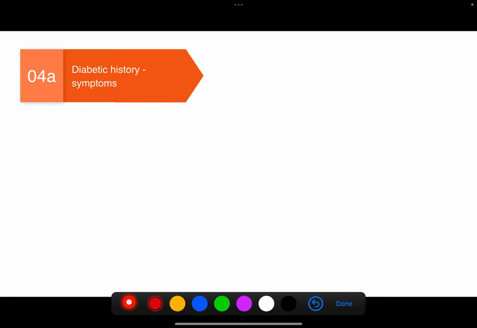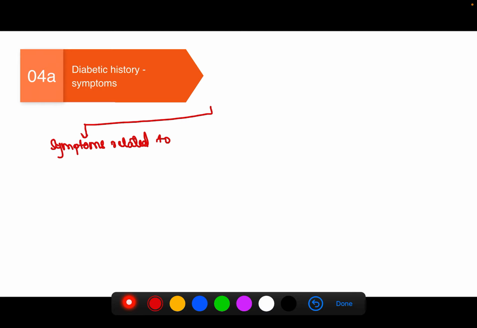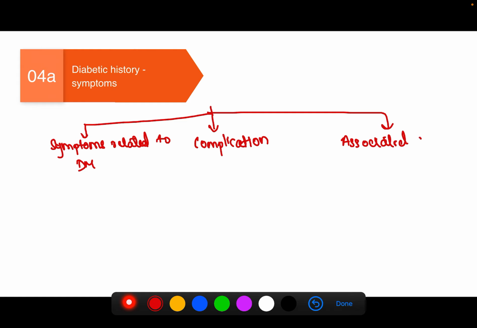Then diabetic history. This is a very important part. Diabetic history can be divided into 3 things. One, you will ask symptoms related to diabetes. Then you will ask the symptoms related to complications of diabetes. Third, you will ask symptoms related to other associated conditions.